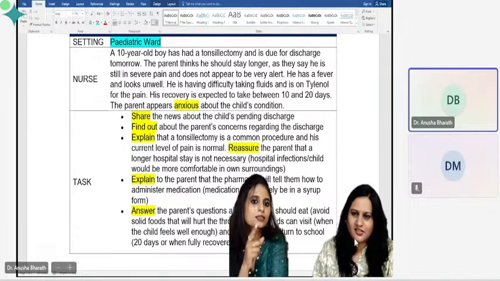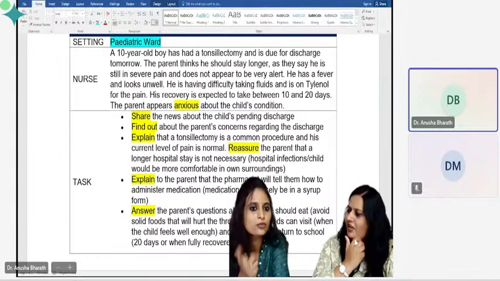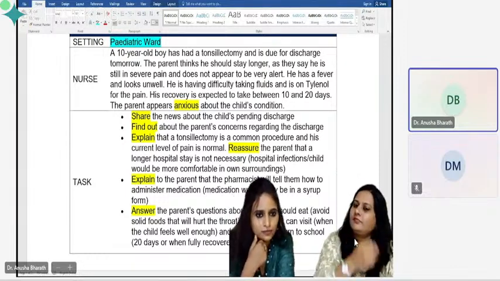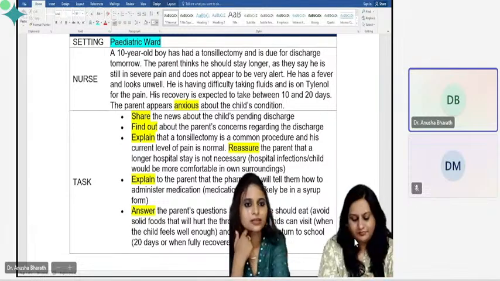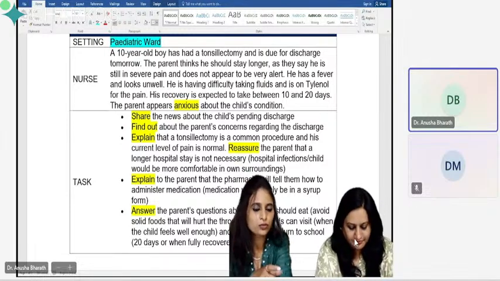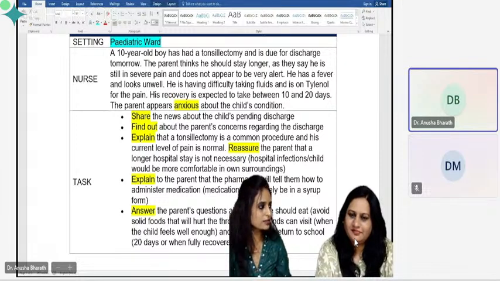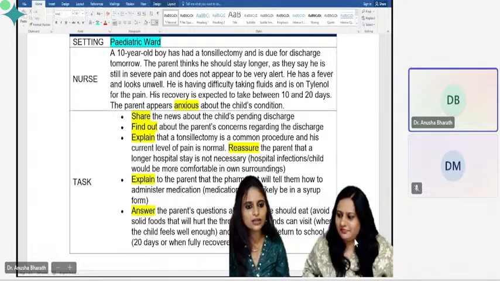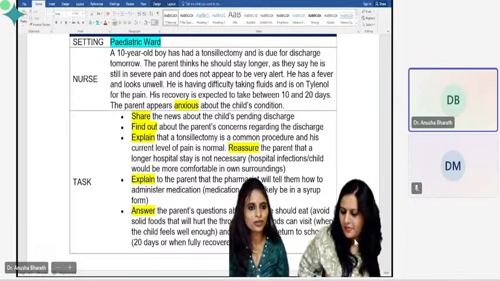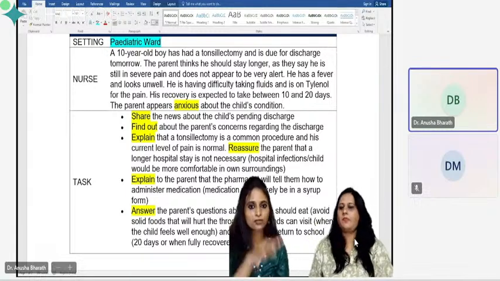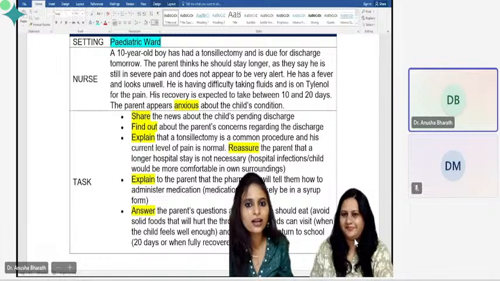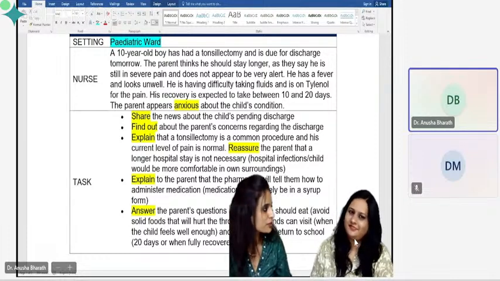See, this particular case, another way of handling this case is with regard to known case and unknown case. That was a question for us, right? So we dealt with it as a known case. And one way of starting this as an unknown case would be on these lines: Good morning. I'm Anusha, one of the nurses in this pediatric ward.